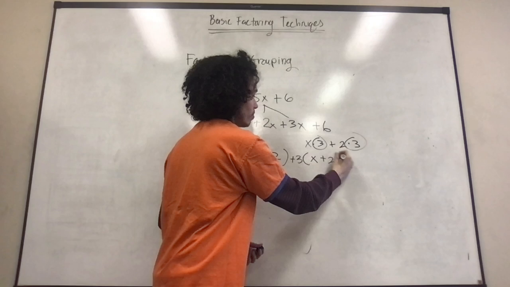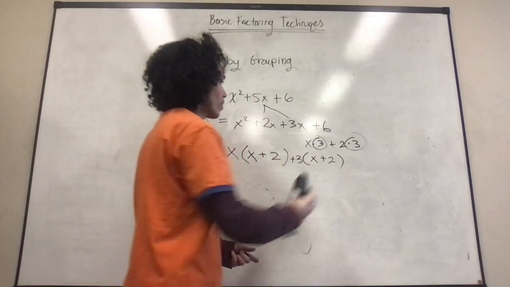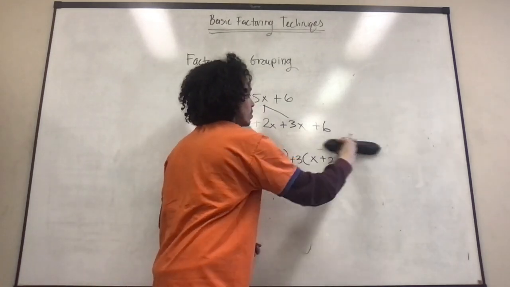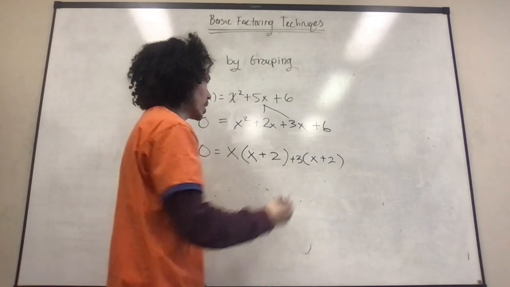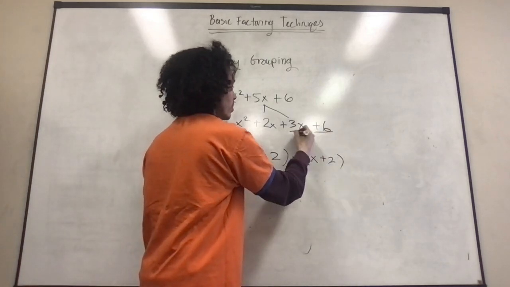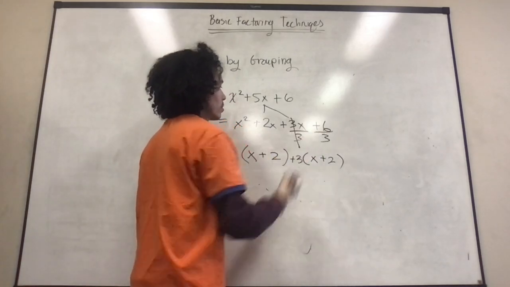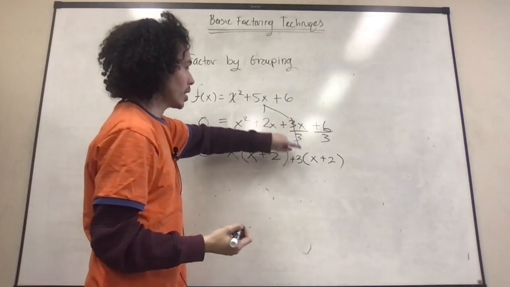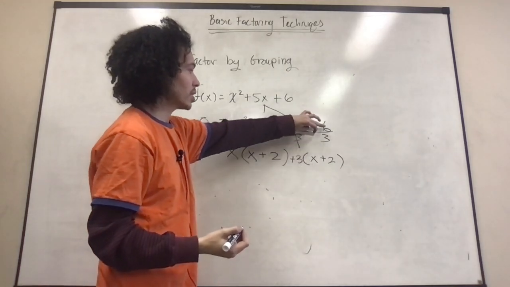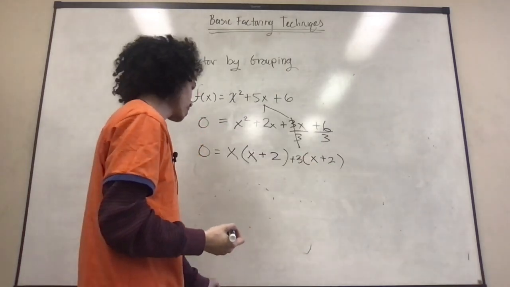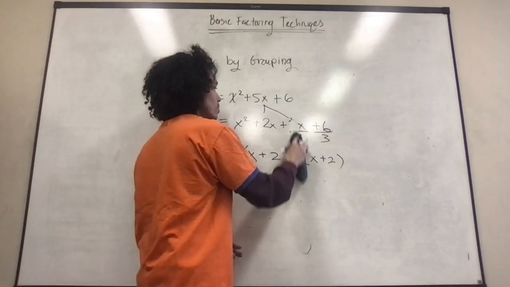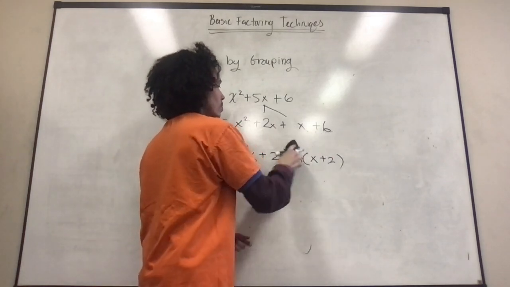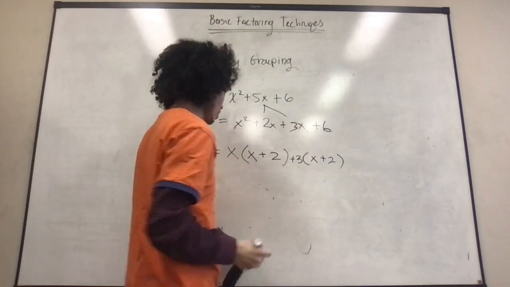Bring down the 2. Another way to look at it is that you can again divide both numbers by 3. 3 canceling out on the x, leaving it by itself, and then 6 divided by 3 being 2.